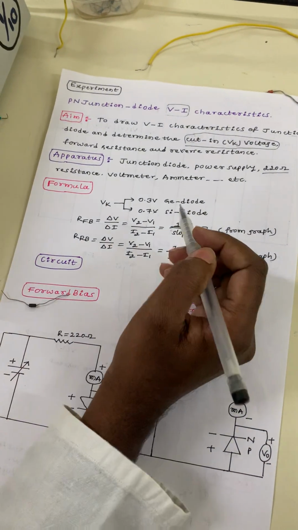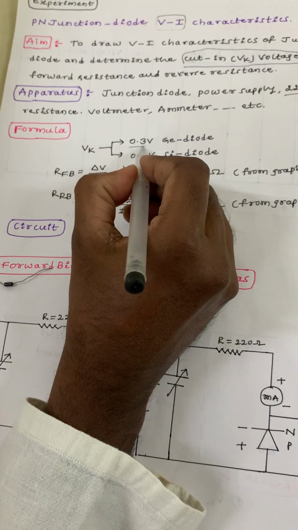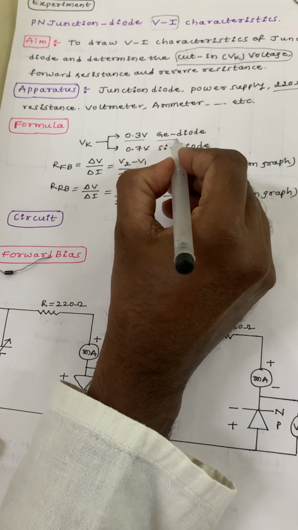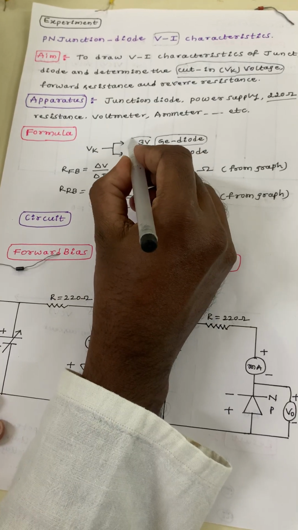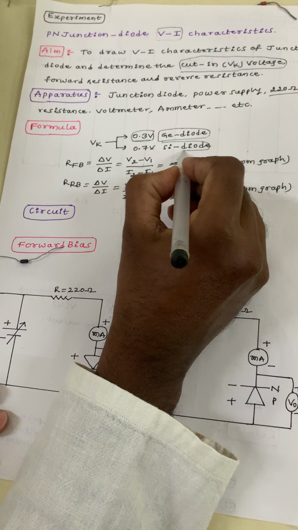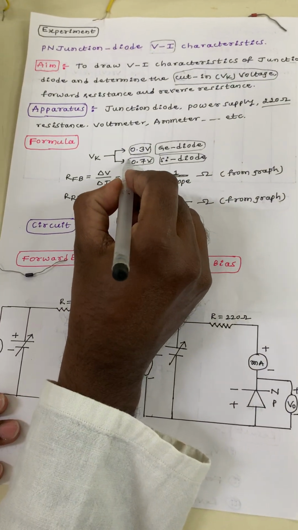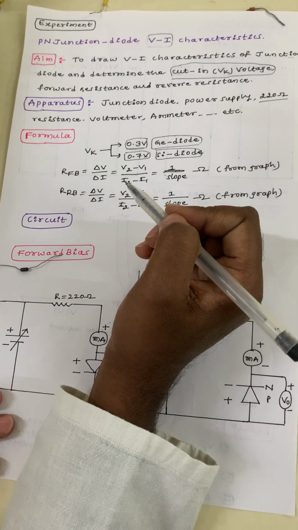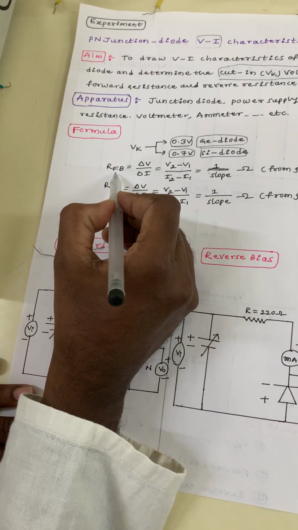First, what is the formula? The formula is to find out the knee voltage. For a germanium diode, the knee voltage is 0.3 volts. For the silicon diode, the knee voltage is 0.7 volts. How do we calculate the resistance?